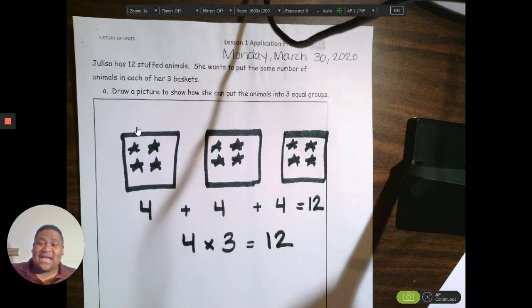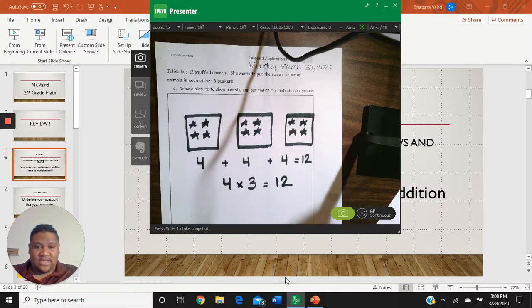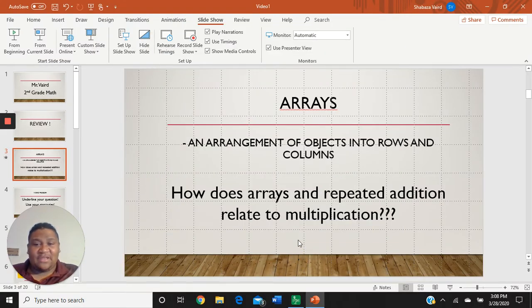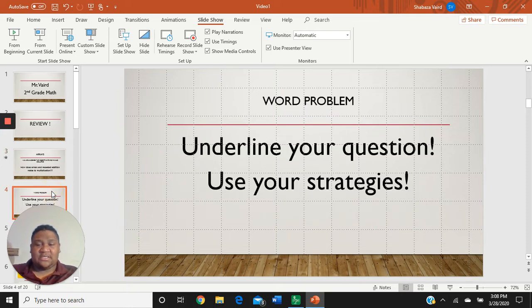All right, so guess what? That's one less multiplication fact that you have to know. So how did we relate our arrays to repeated addition and an equation and to multiplication?